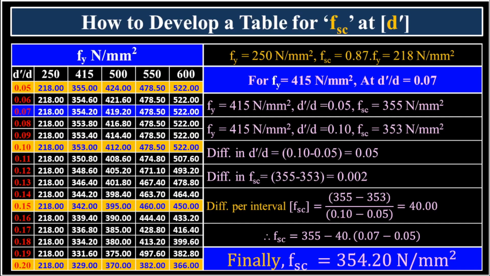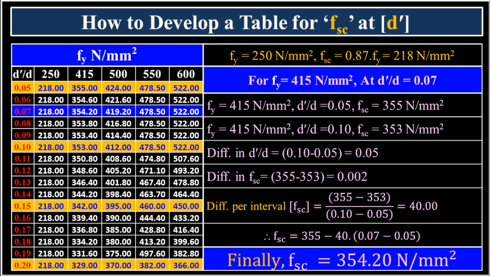What's particularly noteworthy here, and something I'd like to highlight, is the inclusion of FSC values for steel grades 550 and 600. With the help of Gemini AI, I have developed the values of FSC for the grades of steel 550 and 600, which are very much available in the market today.